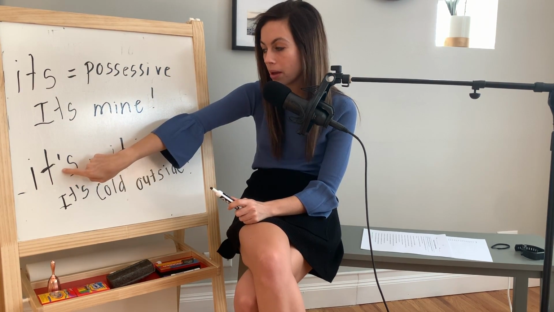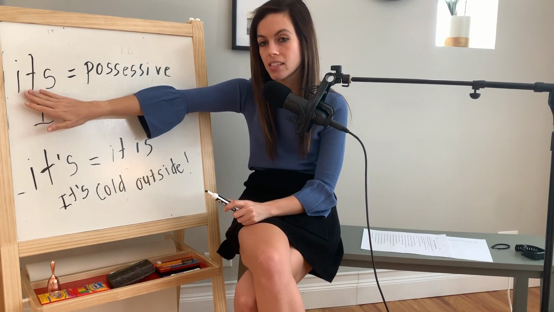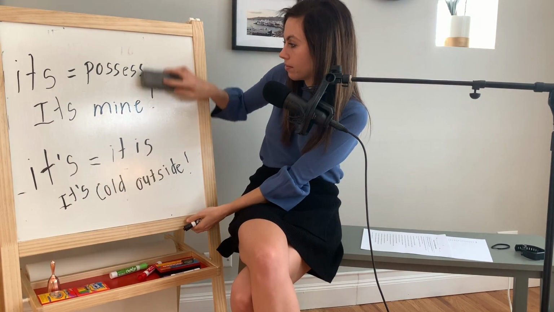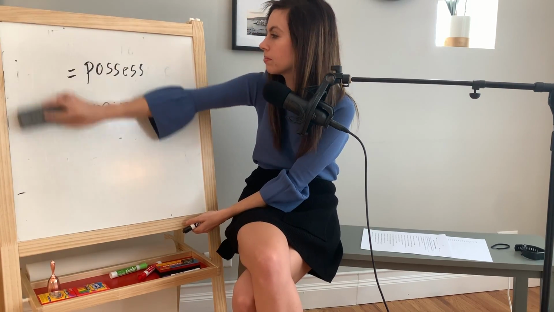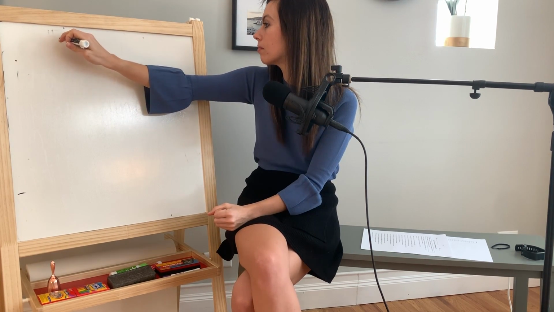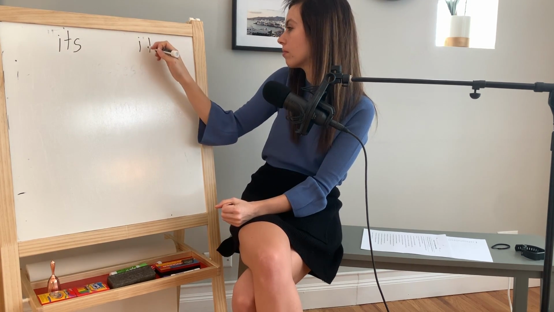The it's apostrophe S is the contraction form. This form is possessive. Okay, I'll give you some examples now.